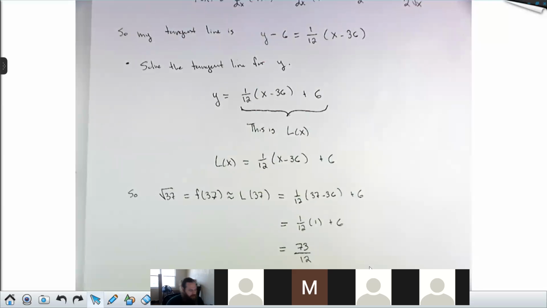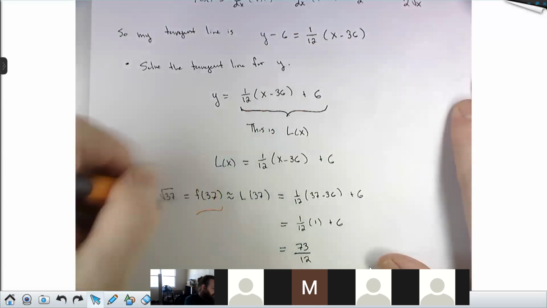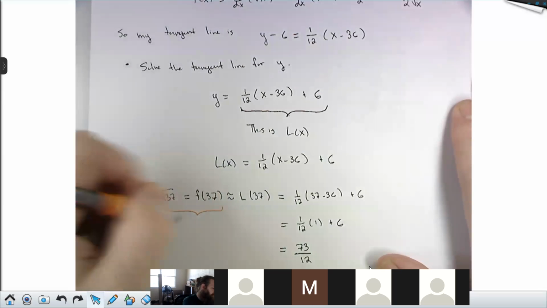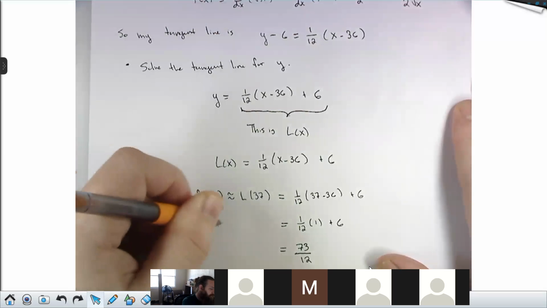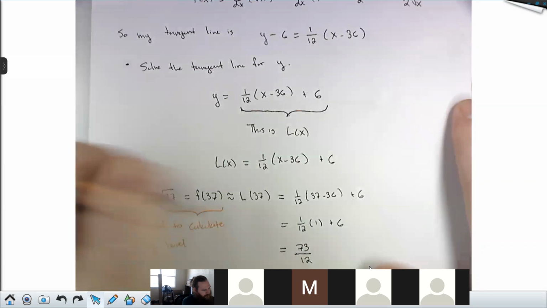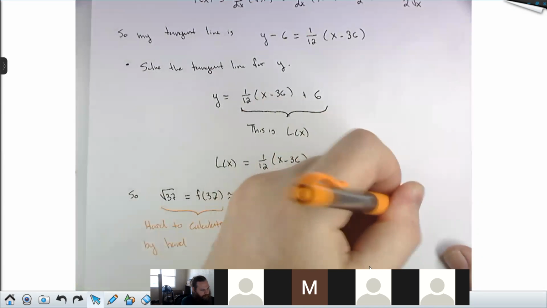It uses something called a Taylor expansion, which has a few more terms in it, but the core idea here is that this thing is very hard to calculate by hand. But this stuff is very easy to calculate by hand.